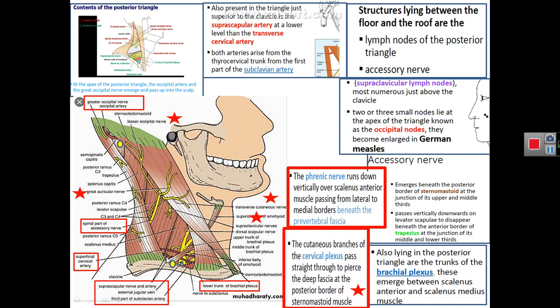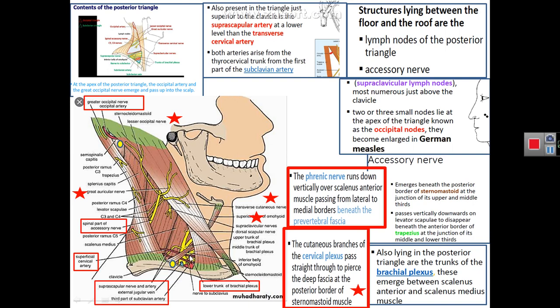Both these branches are from the thyrocervical trunk of the subclavian artery. The subclavian artery and vein are also content of the posterior triangle, in addition to the lower trunk or trunks of the brachial plexus. All the trunks of the brachial plexus are contents of the posterior triangle of the neck.